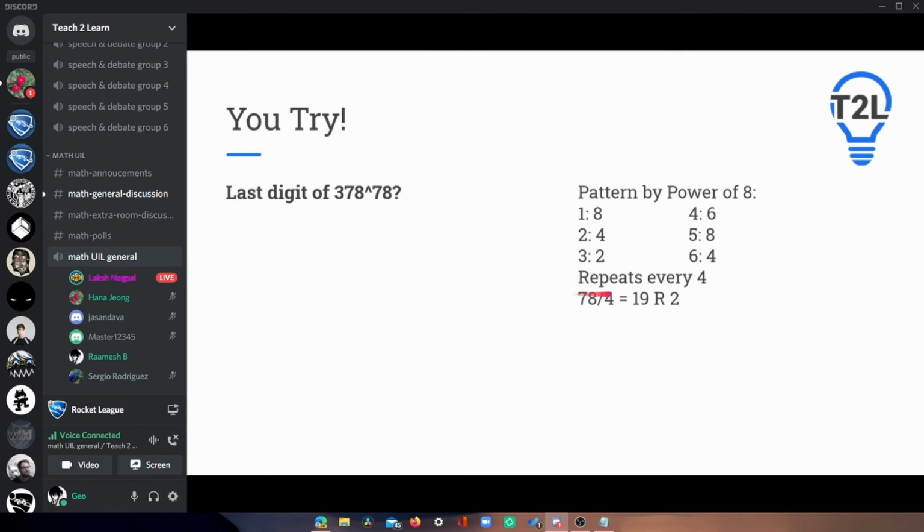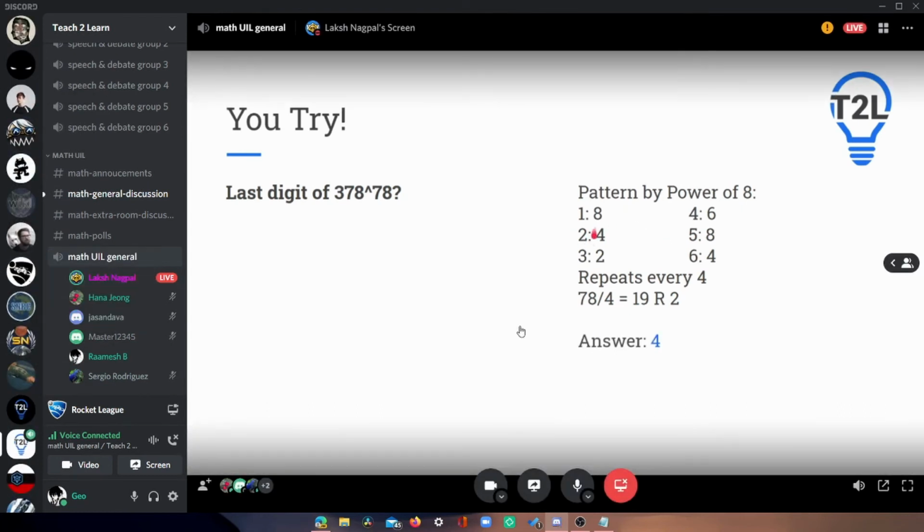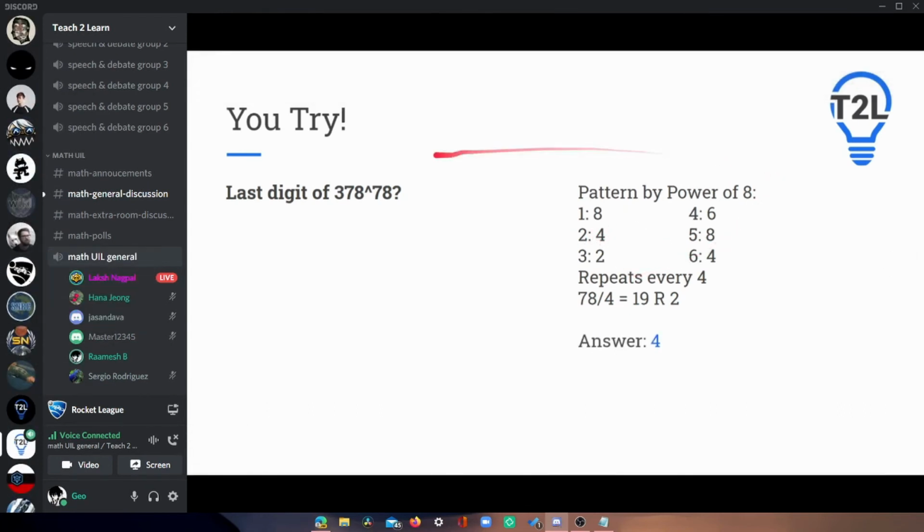Because the remainder is 2, you look at the 2 in the chart, 1, 2, 3, 4, 5, 6, and find the answer to be 4. On a number sense test, you usually won't get this chart, but on Math UIL and in school in general, if you come across this, you'll usually get the chart.